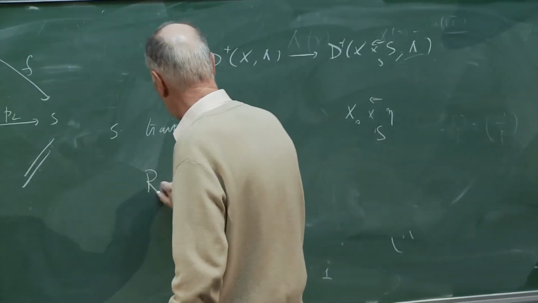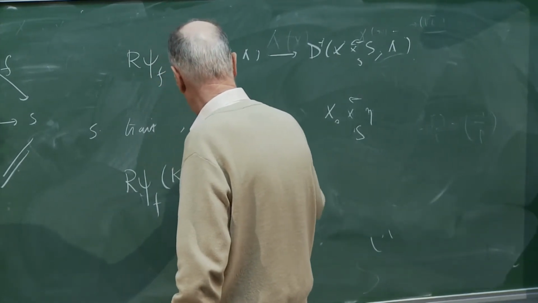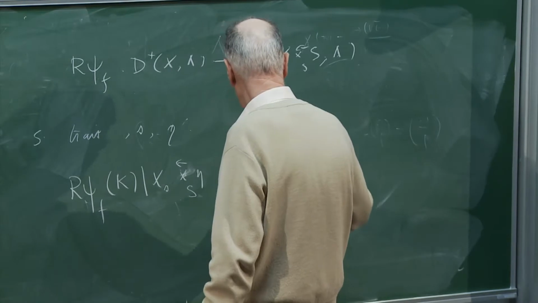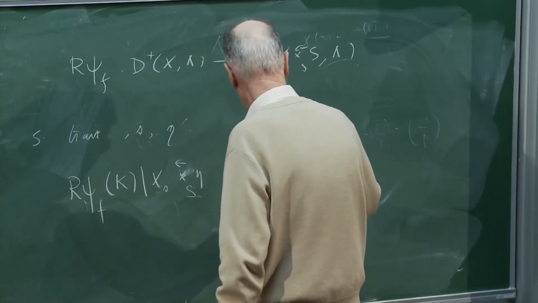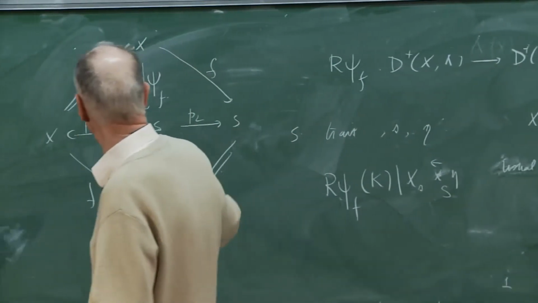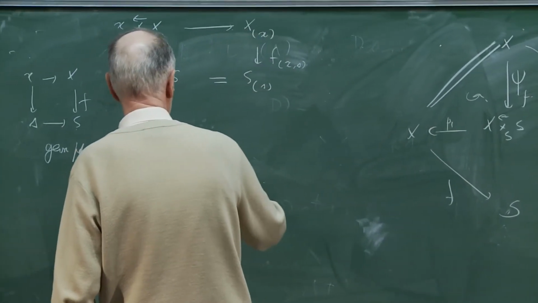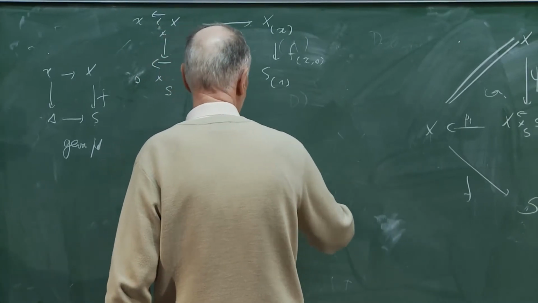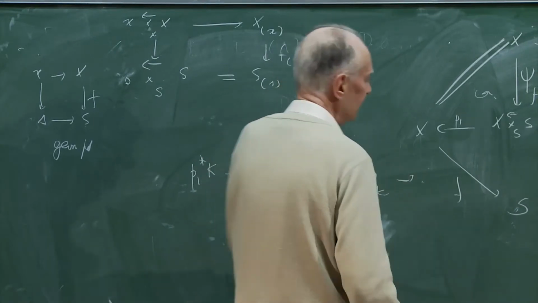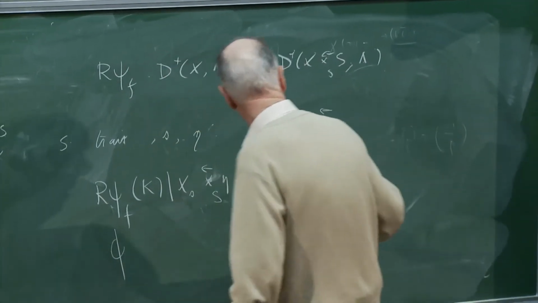And in fact, in this case, it's easily seen that our R psi F of K restricted to this S eta is the classical, the usual R psi. And similarly, we have also some R phi, because this triangle here gives rise to a map from P1 upper star K to R psi F K, and a cone R phi K. And again, the R phi K restricted to this is the usual R phi.